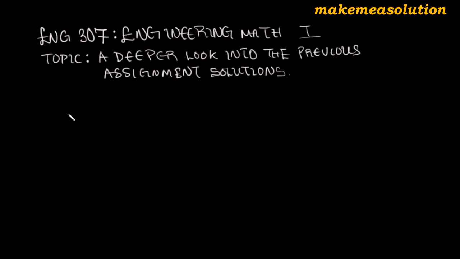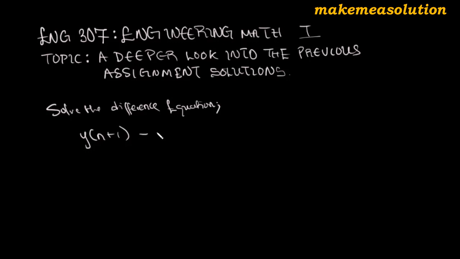So we were given the problem that we should solve the difference equation. The difference equation we were given was y of n+1 minus (n+1) y of n is equal to 2 raised to the power of n times (n+1) factorial, and the initial condition is y of 0 equal to c.